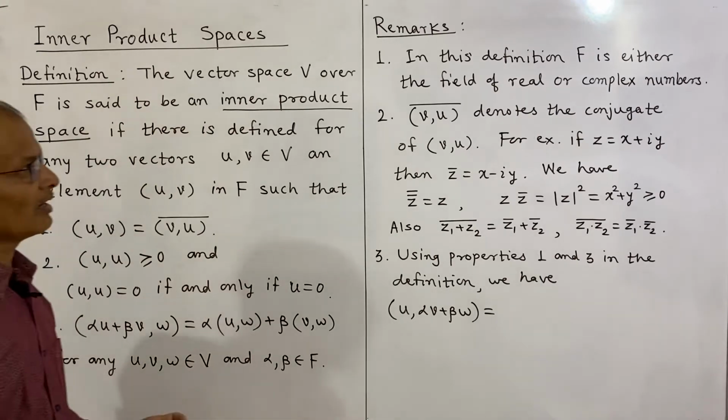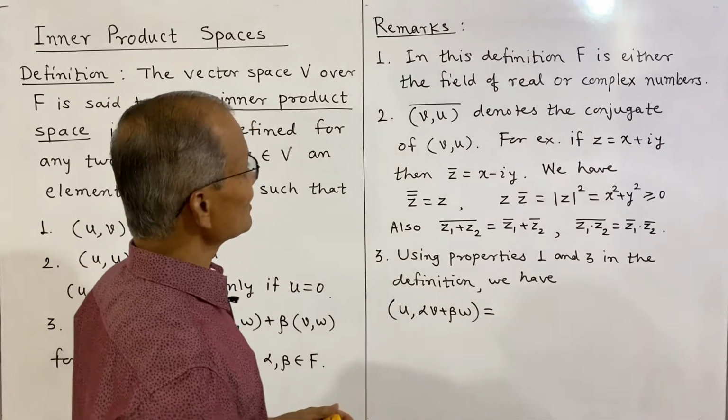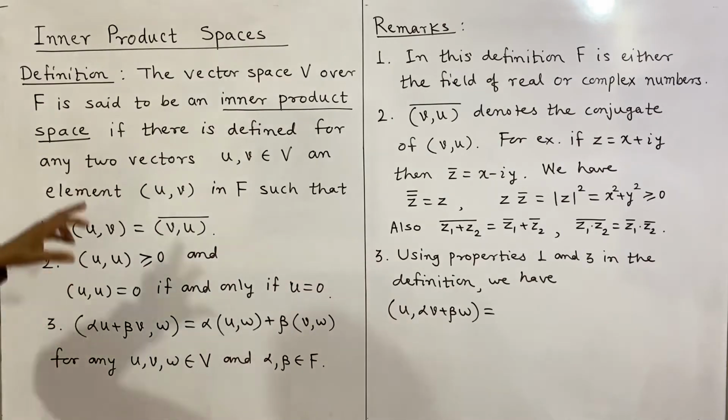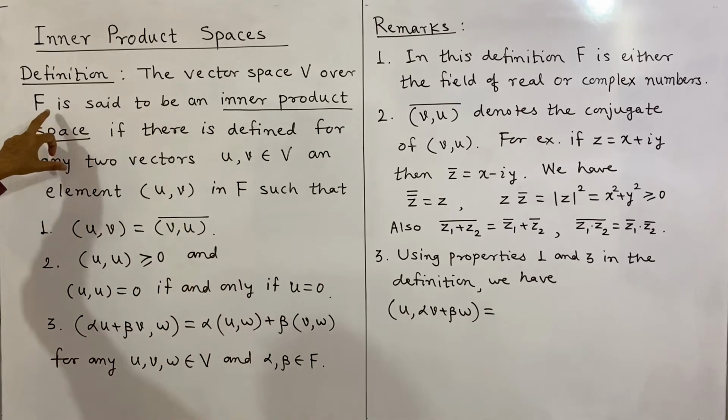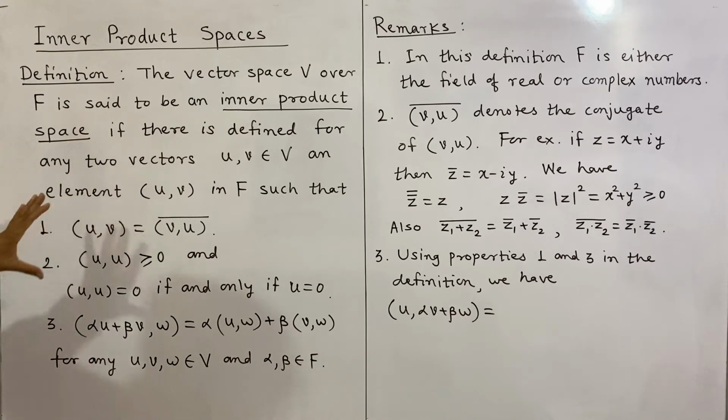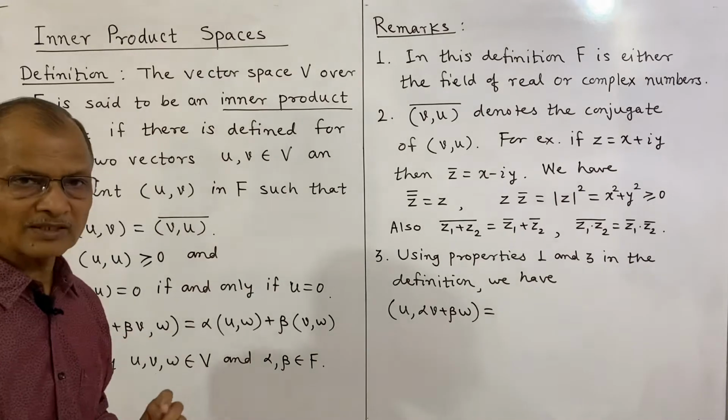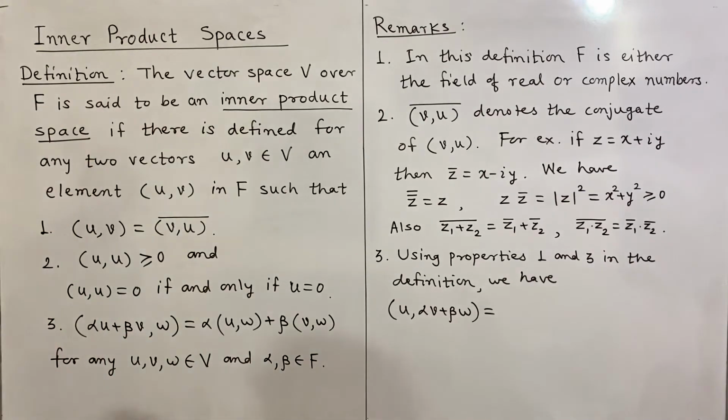Now, we have written some remarks here. In this definition, the field F is either of field of real numbers or field of complex numbers. If F is a field of real numbers, then the inner product space is called as Euclidean space, and if F is a field of complex numbers, then it is known as unitary space.